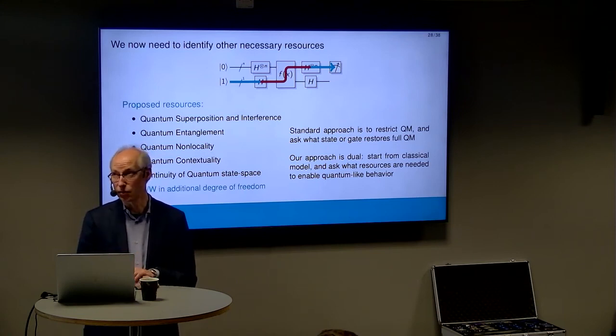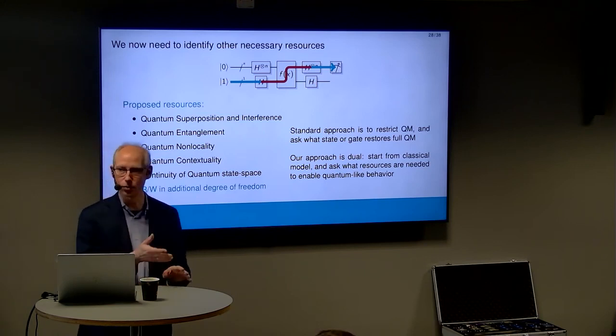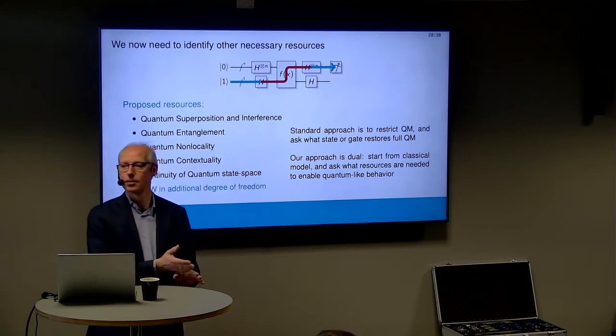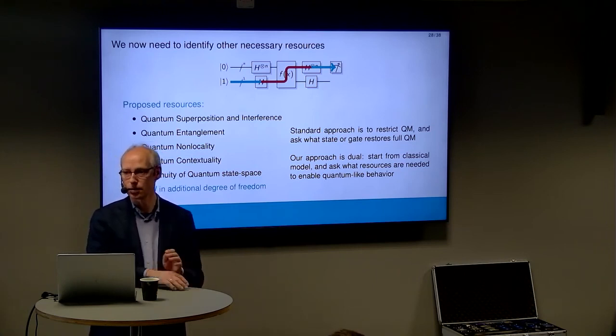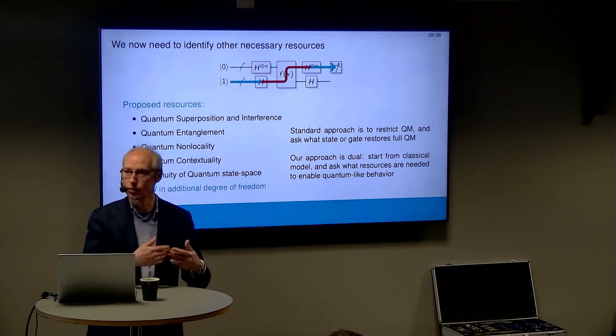It's also used in physics problems. If you want to solve difficult physics problems, maybe you can rewrite it so you can put it in a quantum machine and then solve it in the quantum machine. That's also the sort of short-term thing that we see.